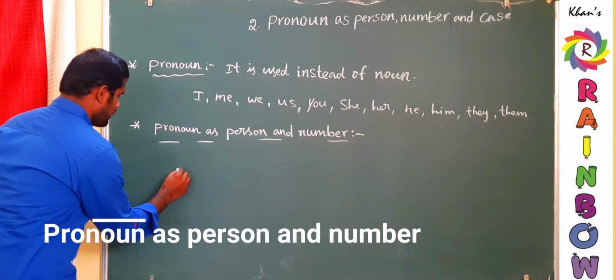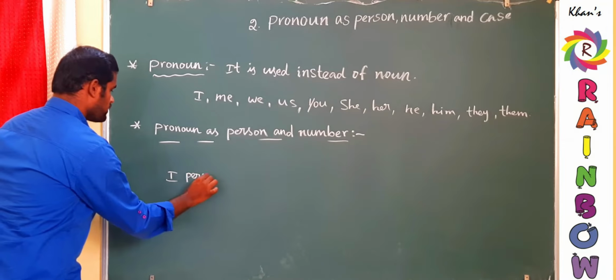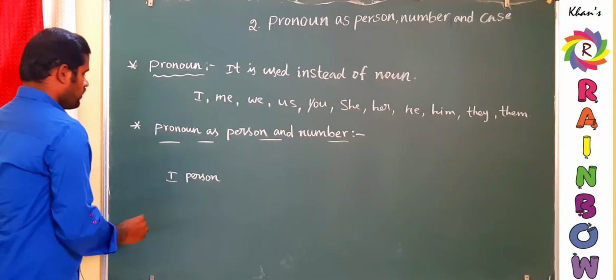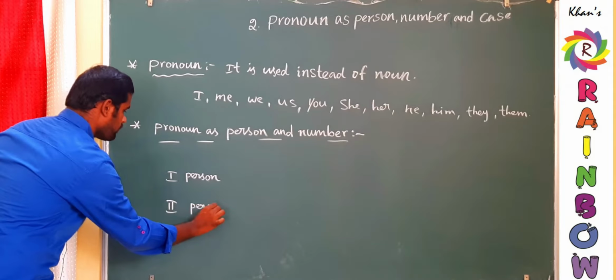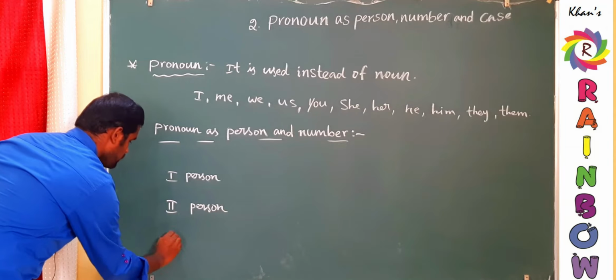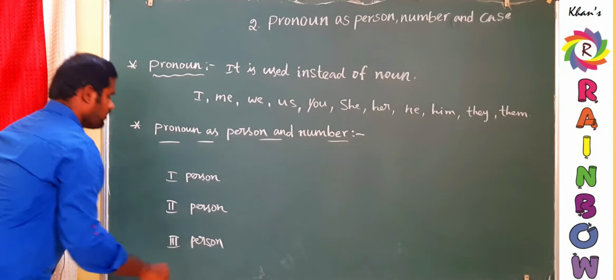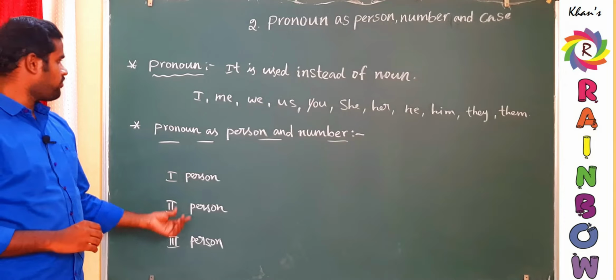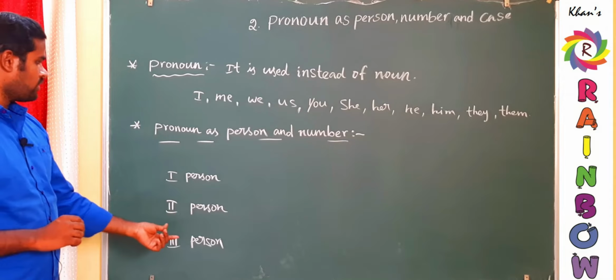Let us draw a table. First person, second person and third person. So we can find three types of person in pronouns, that is first person, second person, third person.